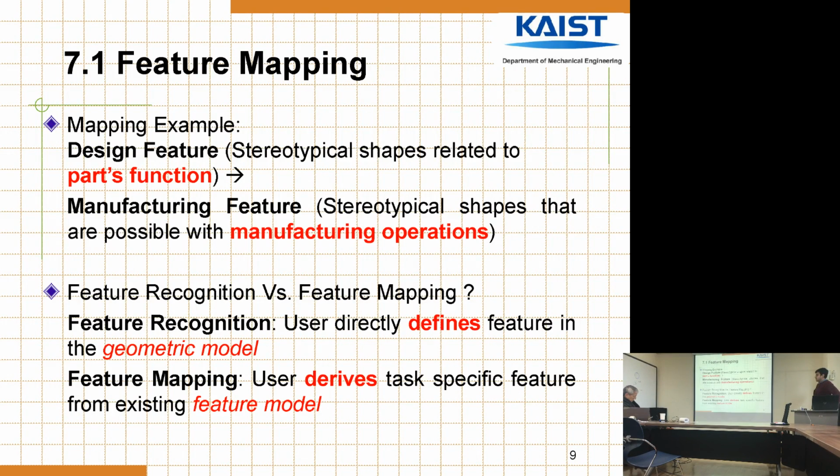But in feature mapping, the user derives task-specific or viewpoint-specific features from an existing feature model. So if you had the design system, the features defined in the design system are used to get the features of the manufacturing system. So the input here is the feature model, whereas the input in feature recognition was the geometric model.